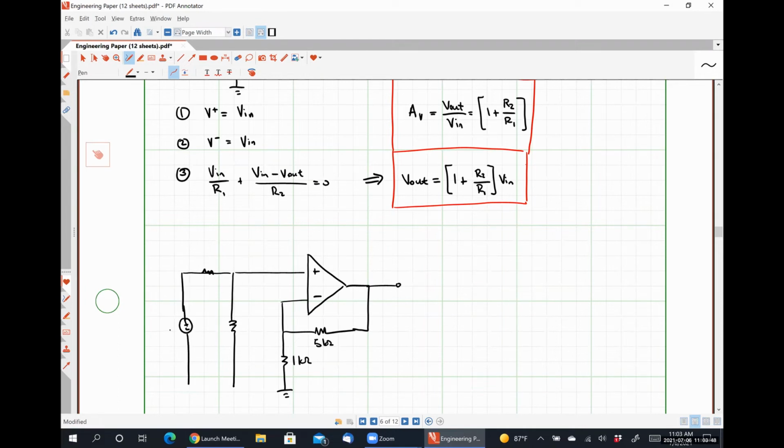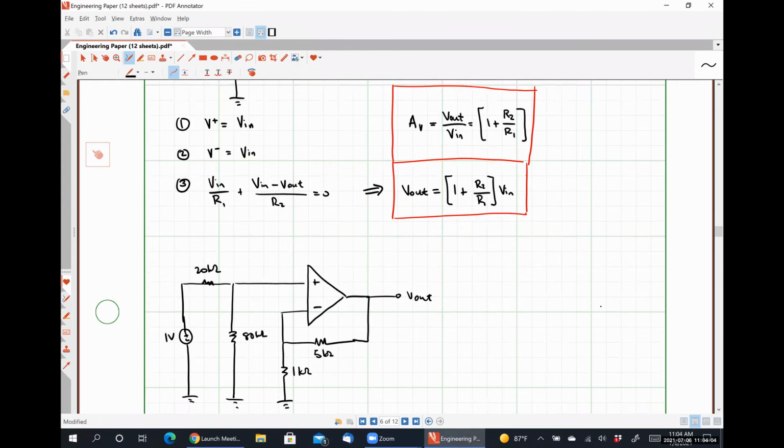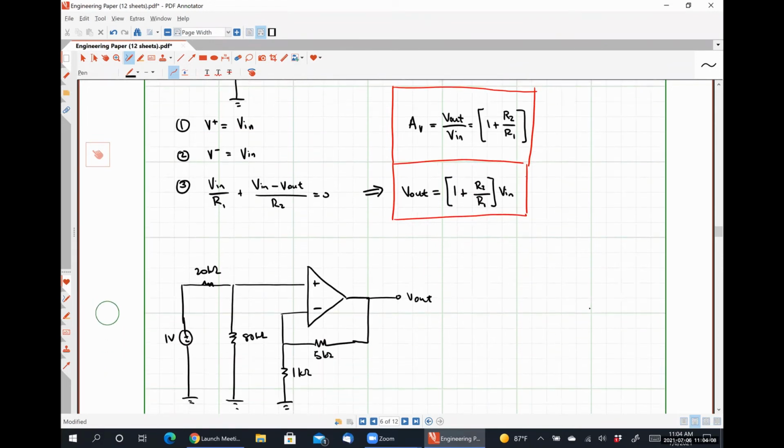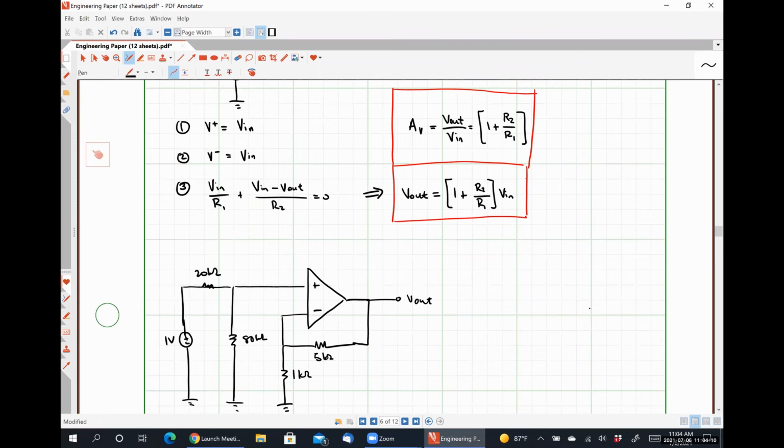I want to say that this was 1 volt, this was 20 kilo ohms, this was 80 kilo ohms, and these guys were ground. Might not have been drawn exactly like that, but it was pretty close. Trying to think of how I can get both of these things on the page at the same time. Let me figure out how to zoom out.